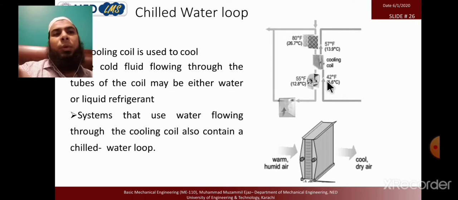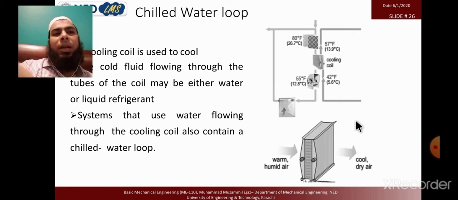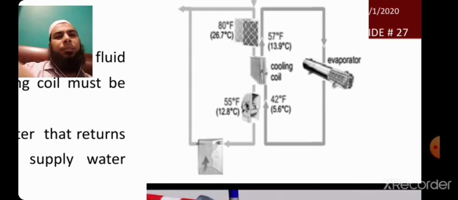So we distribute that cooling through chill water. We first chill the water by the refrigeration circuit, and that chill water is transferred to the cooling coil through a pump, like this. This is a complete circuit.